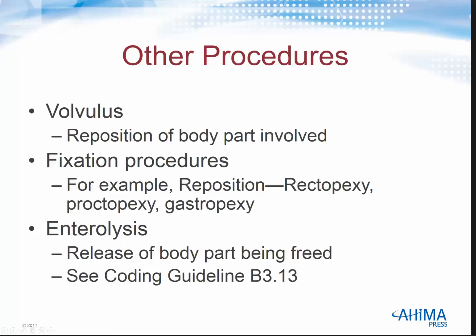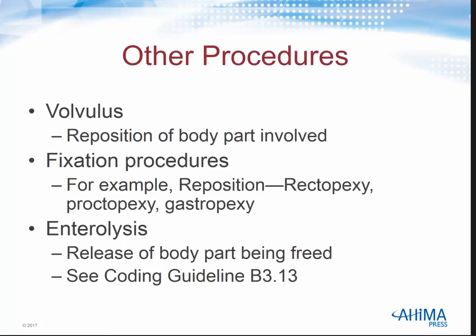And she specifically talks about, for the enterolysis procedure, ICD-10-PCS coding guideline B3.13 and the root operation release. The body part value coded is the body part being freed and not the tissue being manipulated or cut to free the body part. So we have this release, which can be used in the GI area.